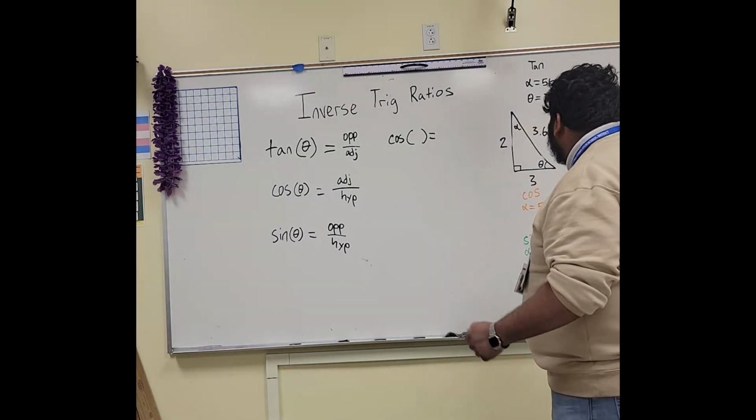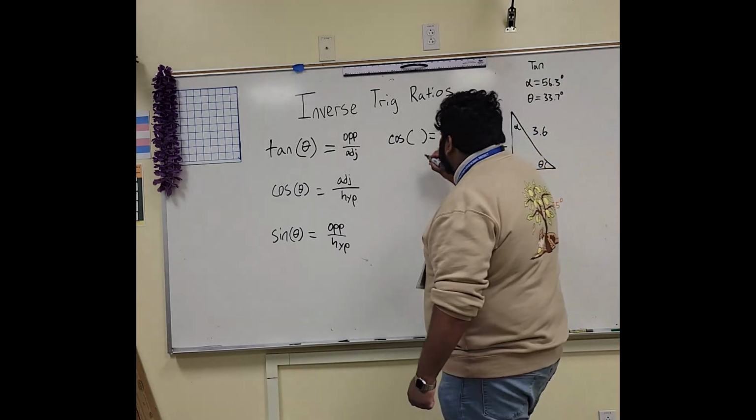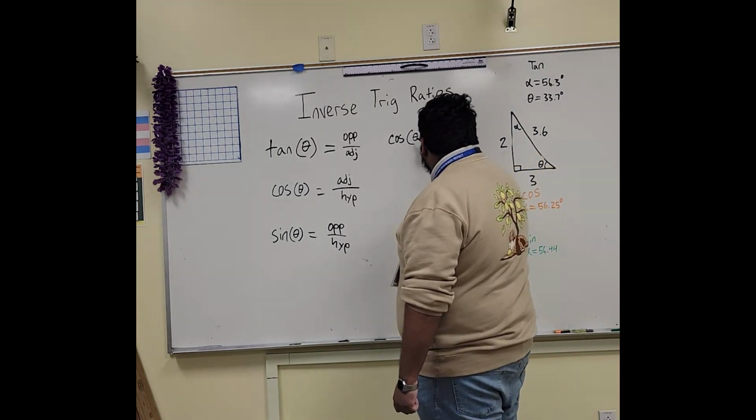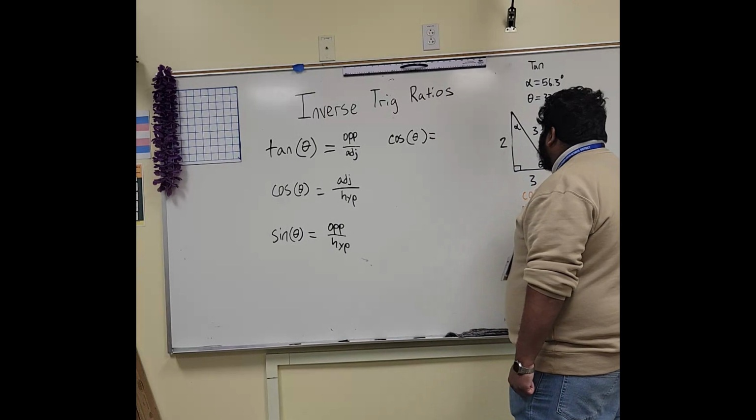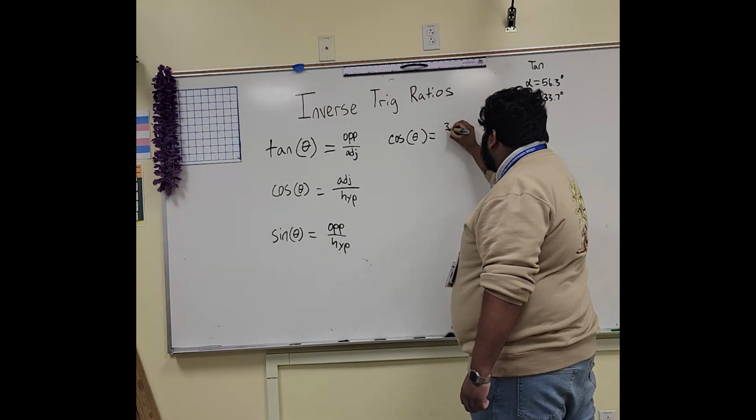Okay. So we're going to do cosine of theta. That's going to give us our adjacent side, which is 3 over 3.6.